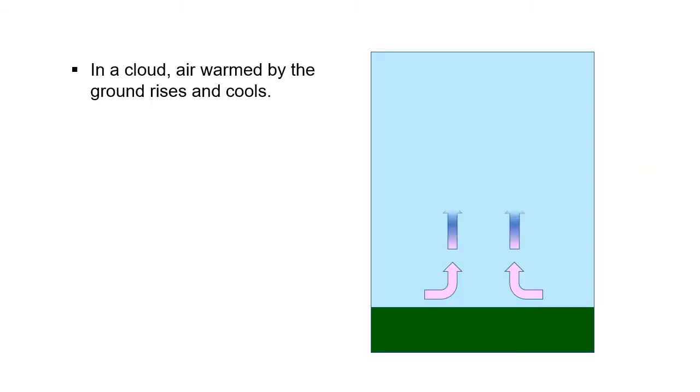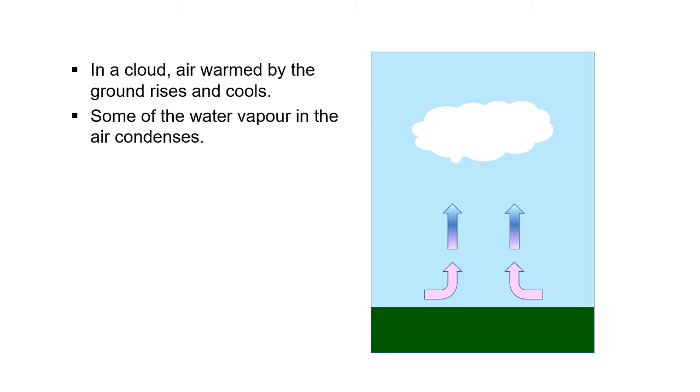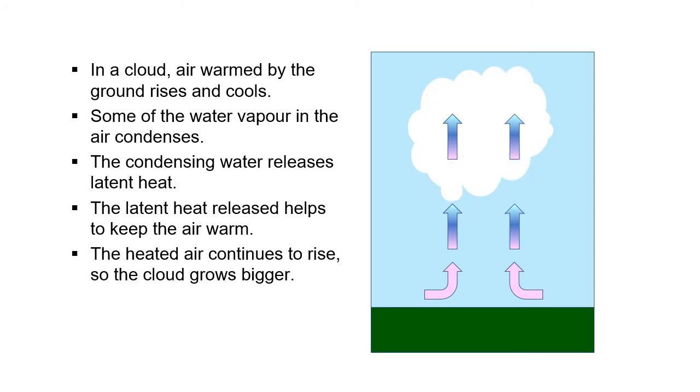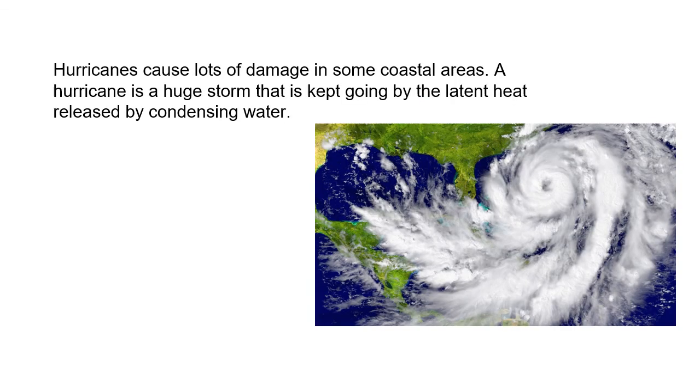In a cloud, air warmed by the ground rises, and as it rises, it cools down. As it cools, some of the water vapor in the air condenses to tiny droplets of liquid. The condensing water releases latent heat, and the latent heat helps to keep the air warm. The heated air continues to rise, so the cloud grows bigger and taller.